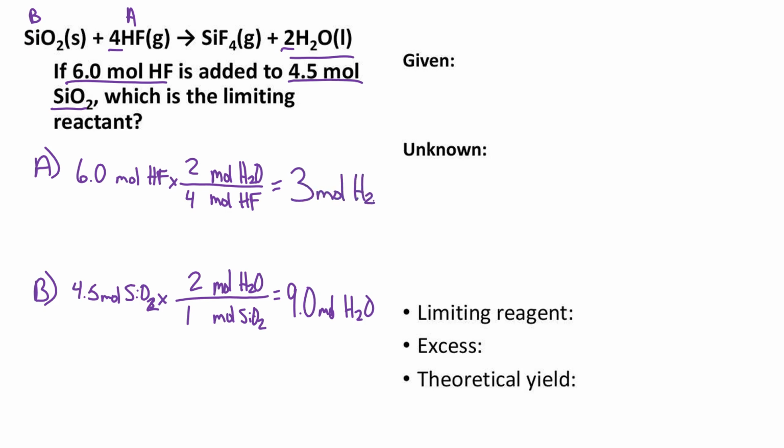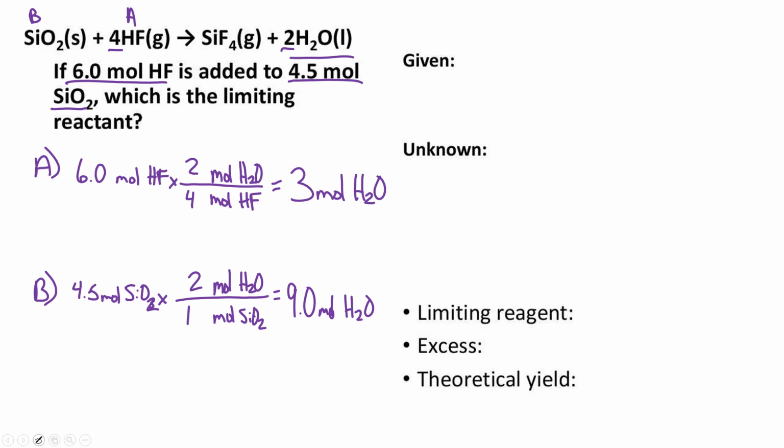All right, so listen to the question that I'm going to ask. We're looking for the limiting reactant or limiting reagent. Reagent, reactant's the same thing, just different terminology, different word. Which one of our reactants, hydrogen fluoride or SiO2, which one will run out first? Hydrogen fluoride.